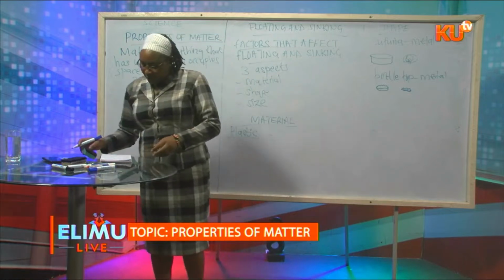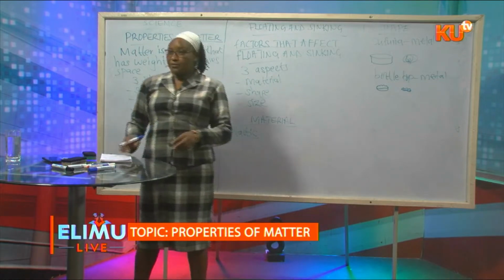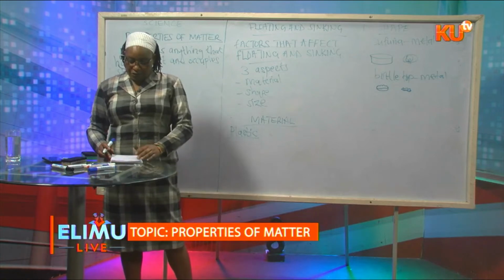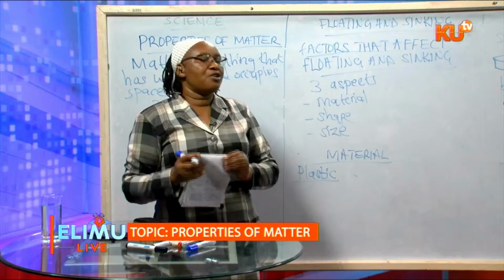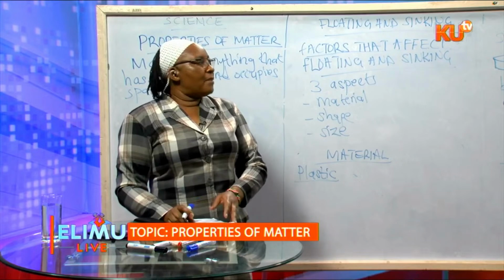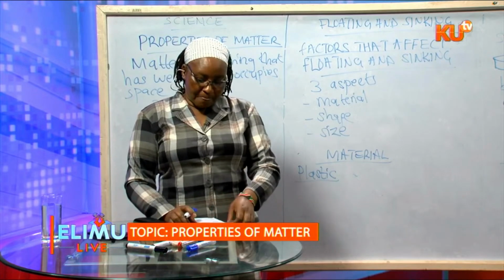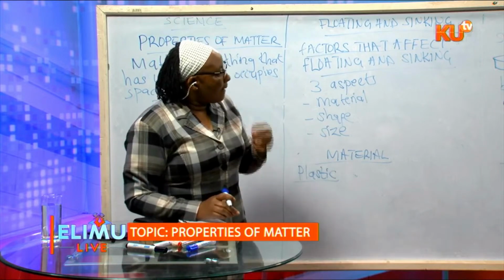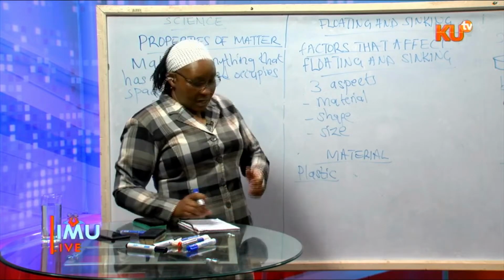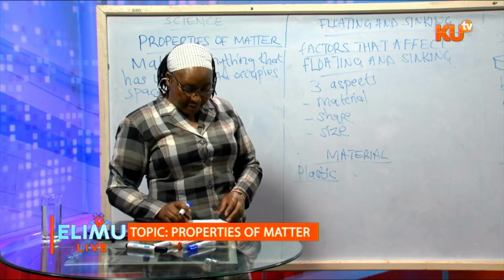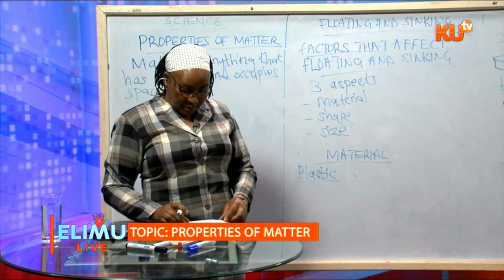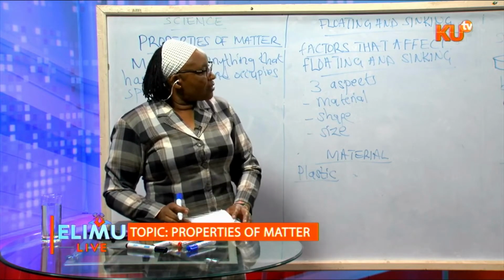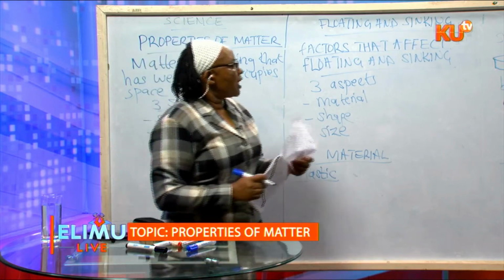So shape affects floating and sinking. You find that you can have items which are made of sinkers, but when you change their shape, they will always float.